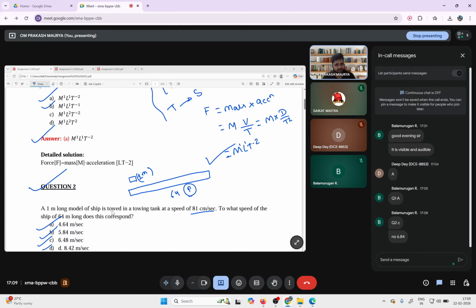Anyway, I'll explain very clearly for whoever does not know how to solve such types of questions, that is the model prototype question. No issue. But first, please try to solve this question yourself. You will feel very confident if you solve it yourself.